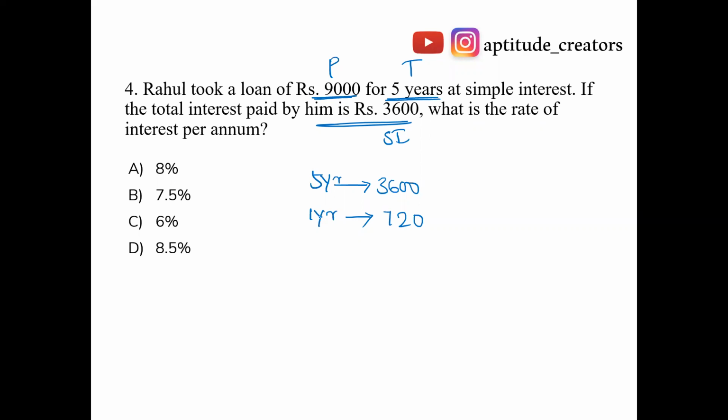What is the rate of interest the person is asking? How we can calculate rate of interest? Interest for 1 year divided by principal into 100. Please pay your attention. Interest for 1 year divided by principal into 100. Now 2 zeros are cancelled out. We can say 8%. Answer is option A.